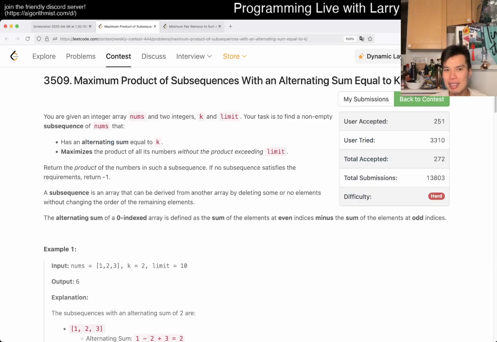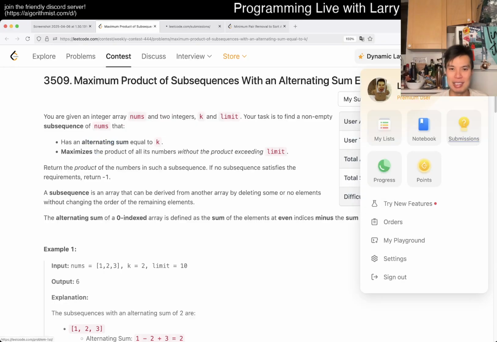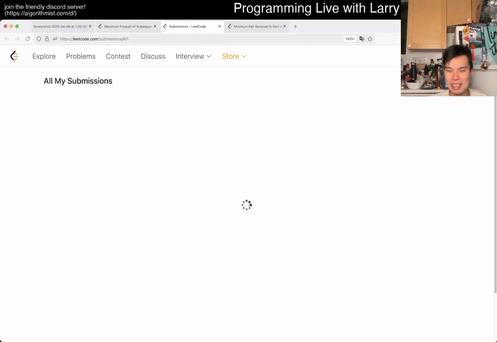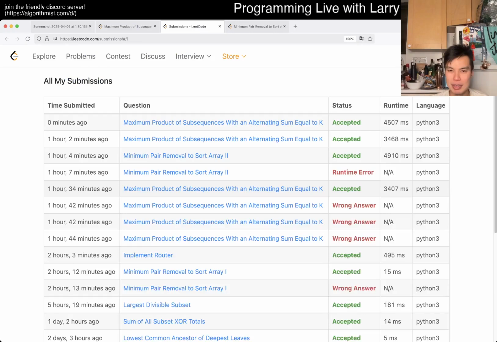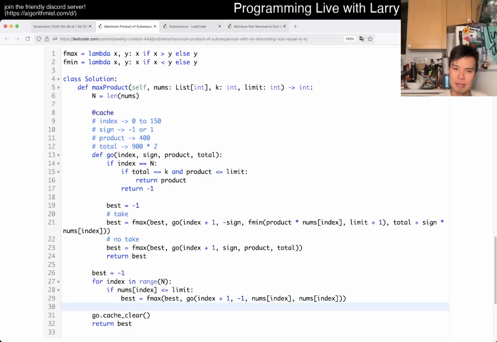Let me actually, while on screen, see if it's faster or slower, because I am curious. Oh, it actually turned out to be slower than the other solution. Why is that? I'm not quite sure why it's that much slower.